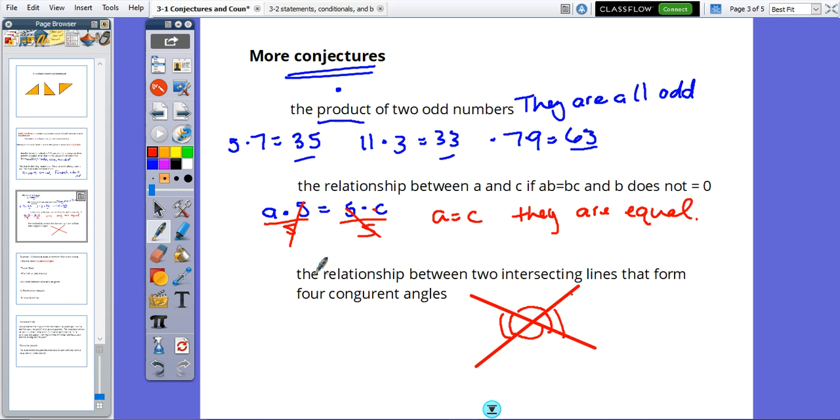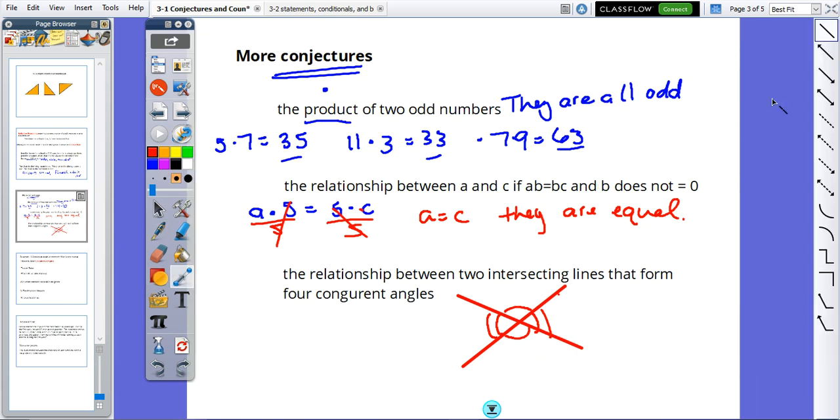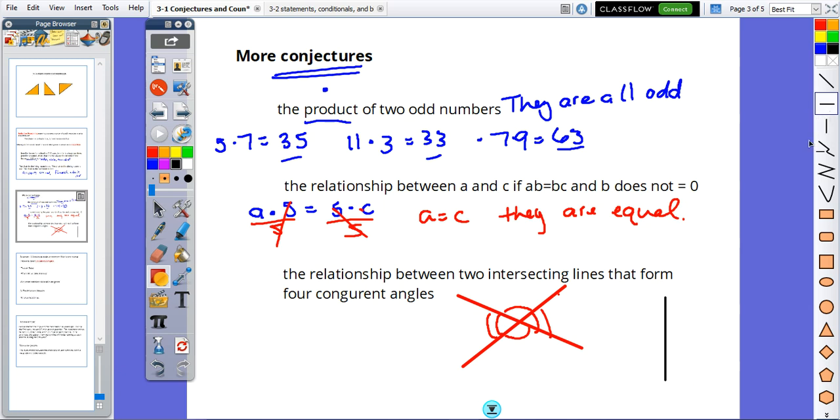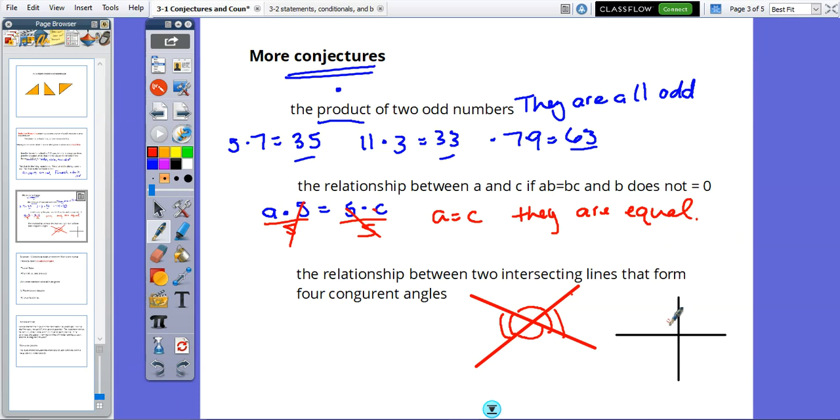So how can we make them all congruent? Hopefully you remember from chapter 2, we talked about a certain set of lines that are perpendicular, because they form four right angles. That means all four angles are congruent to each other because they're all the same. So the relationship was they are perpendicular.